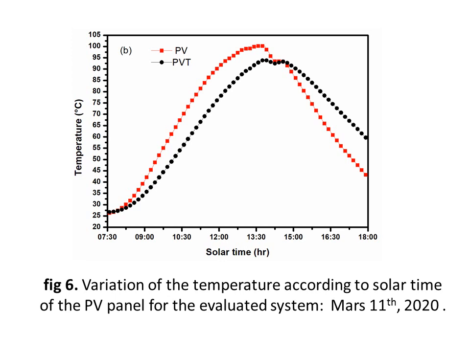For the variation of the temperature on another day in March, we have a decrease of the temperature by 6.44 degrees C when we use the PVT.